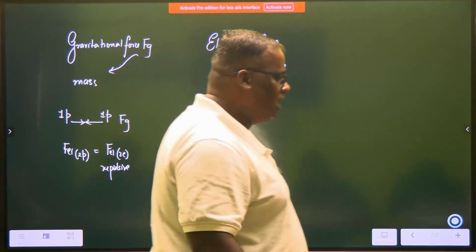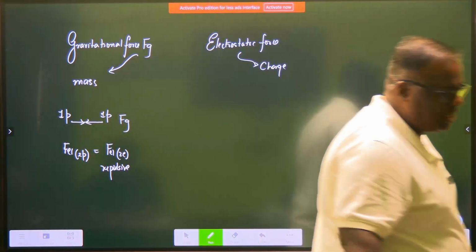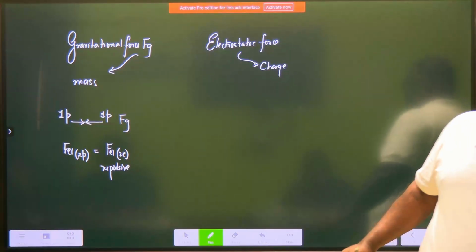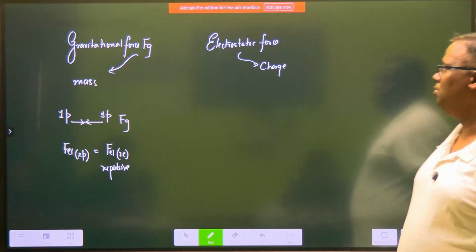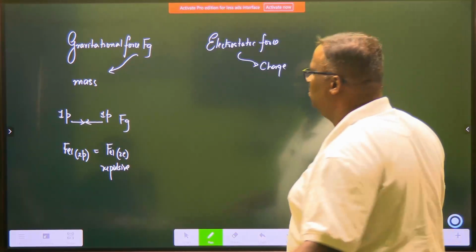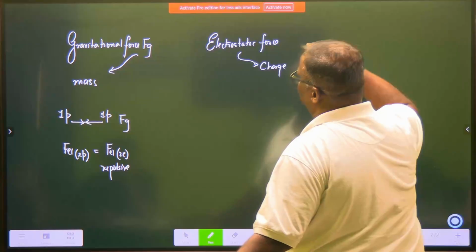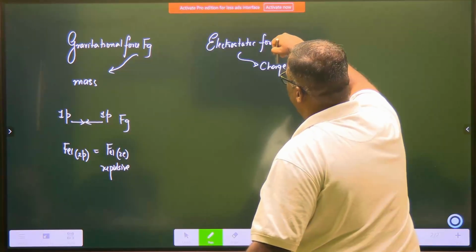Which makes us again understand that the electrostatic force is attributed only to charges, and mass plays no role in it, because the electrostatic force is fundamentally due to the charge property.